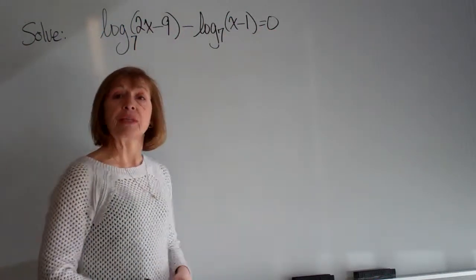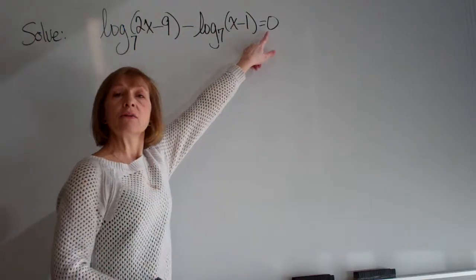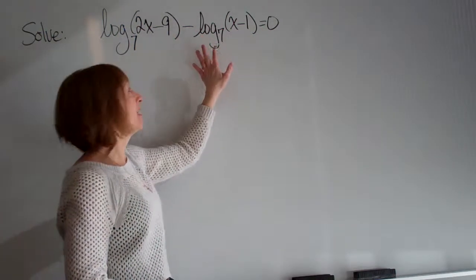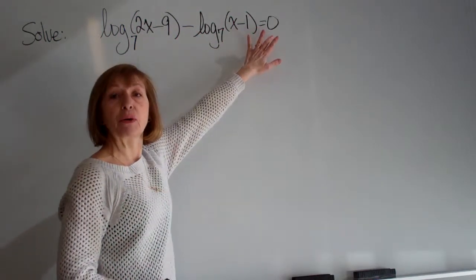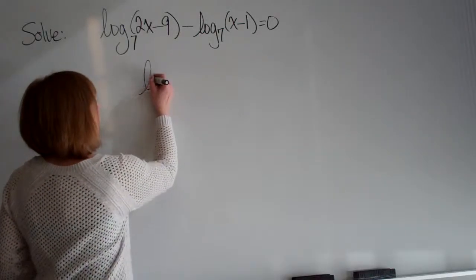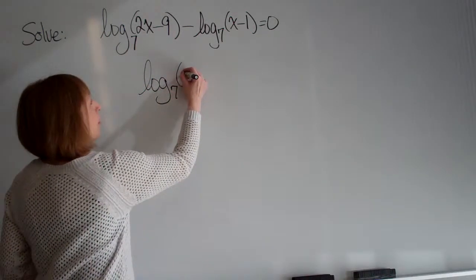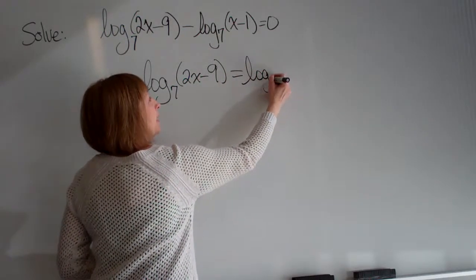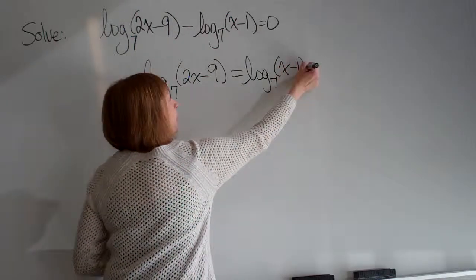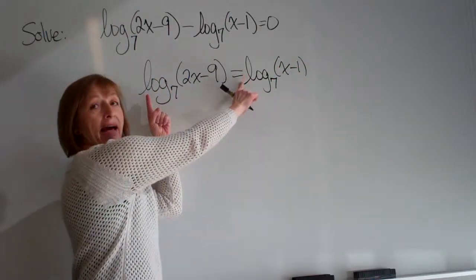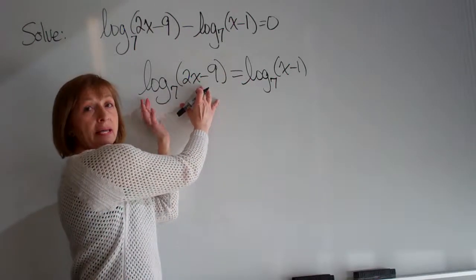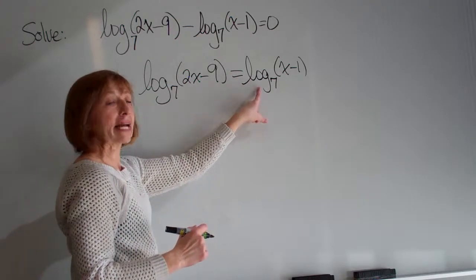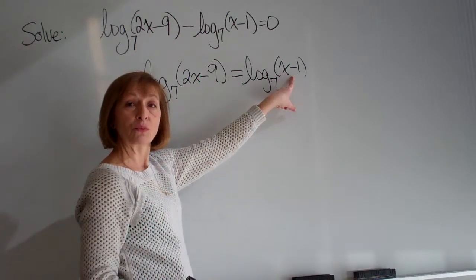We could actually solve this one in either of the two ways, but because the right-hand side is 0, this one would be much easier to do if we added the logarithm base 7 of x minus 1 to both sides and rewrote it as logarithm base 7 of 2x minus 9 is equal to logarithm base 7 of x minus 1. Now we have the logarithm base 7 of 2x minus 9 taking up the entire left-hand side of the equation, and on the right-hand side, logarithm base 7 of x minus 1.